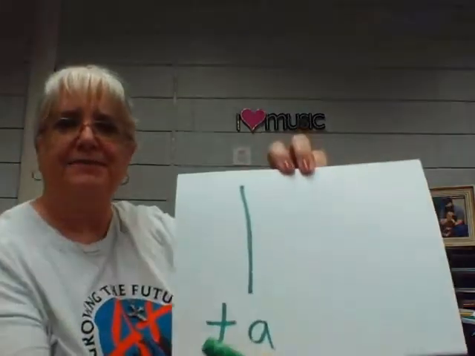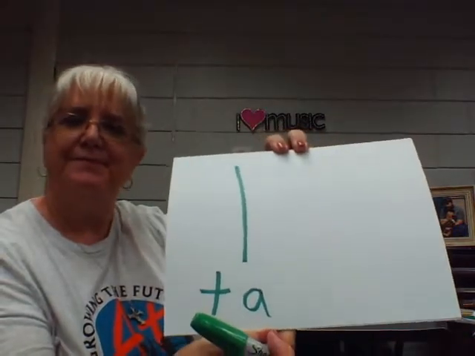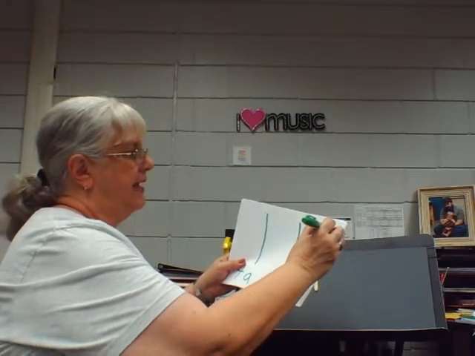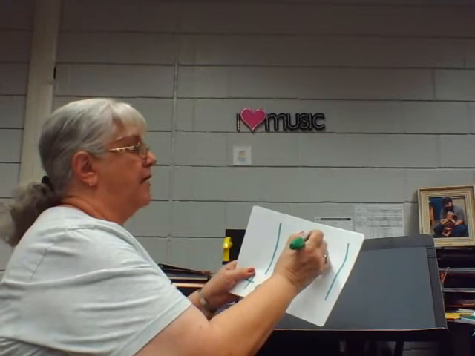See that right there? That's called ta. All right? Now, the next one, if we do one like this is how we write it. There are 2 syllables, so we're going to put 1 down and 2 down. Then I have to connect them on the top, right? Connect it across the top.